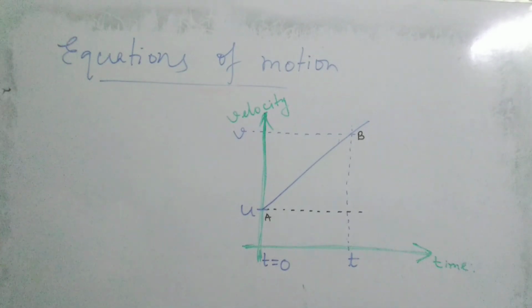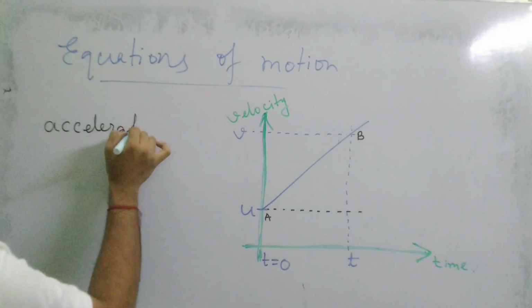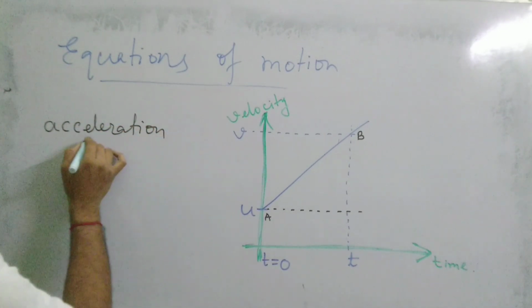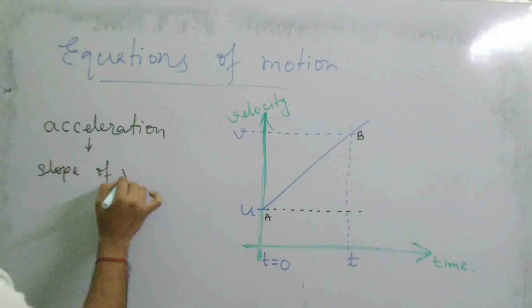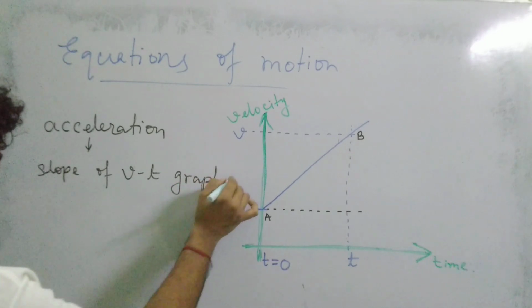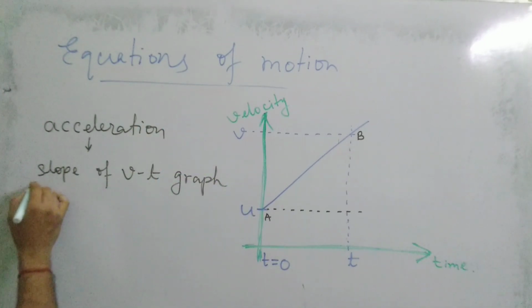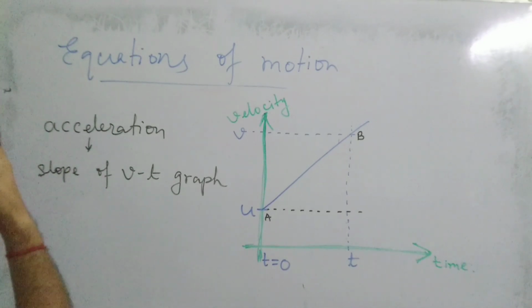So acceleration is given by the slope of the velocity time graph. The slope is obtained by change in y by change in x.